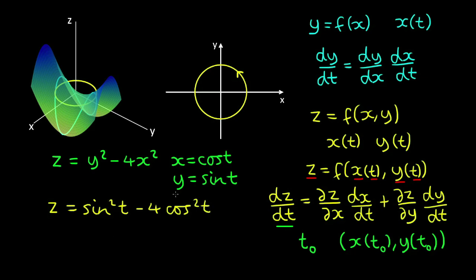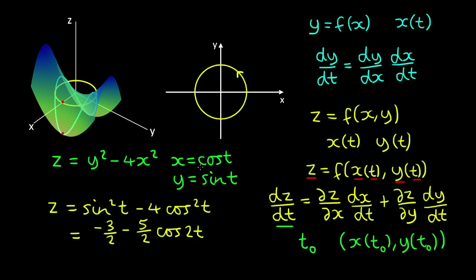If you apply your double angle trig identities, we get z is minus 3/2 minus 5/2 cosine 2t. So for example, when t is equal to 0, x is equal to 1, y is equal to 0, and z is equal to minus 3/2 minus 5/2, which is negative 4.